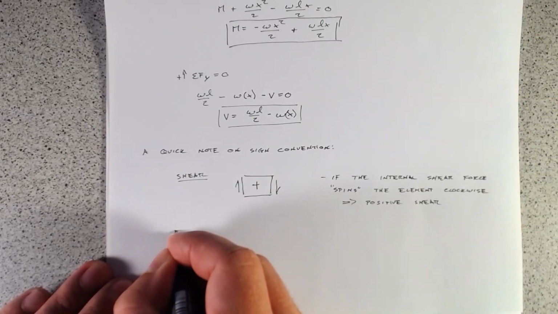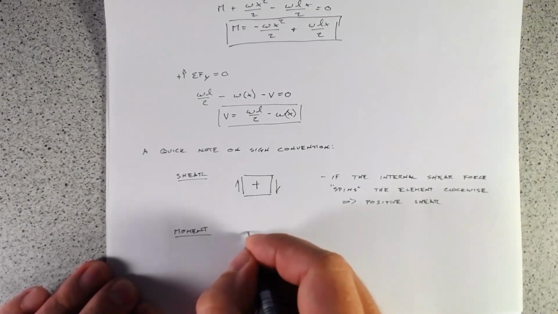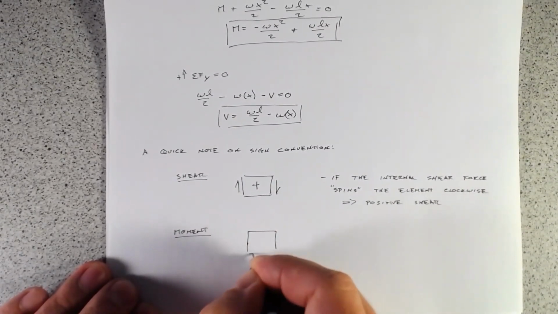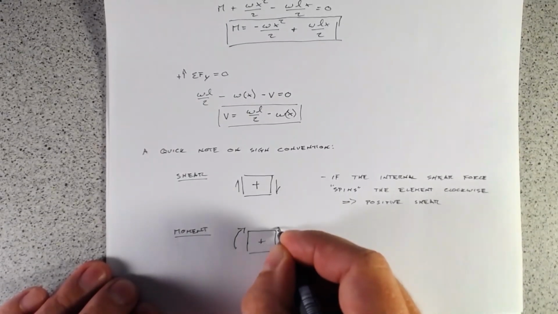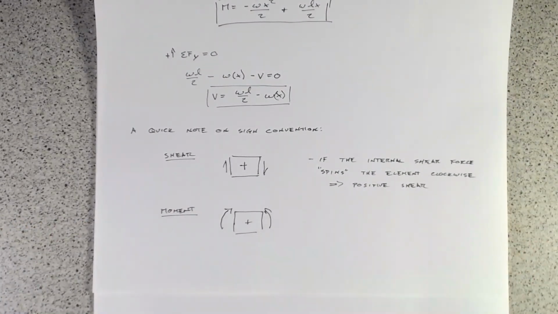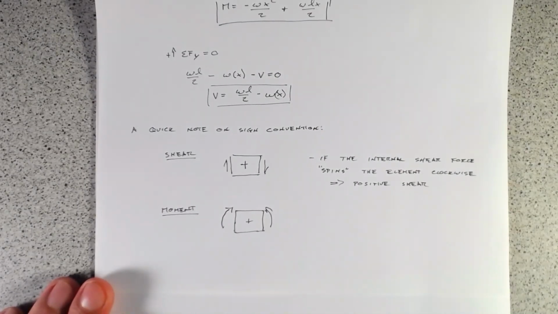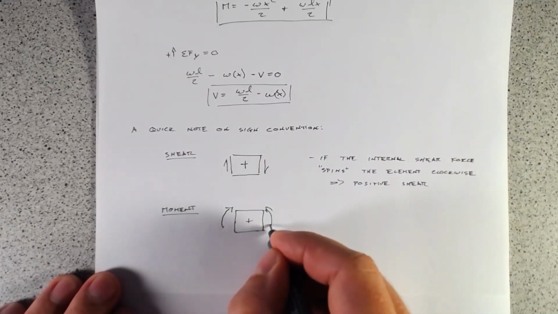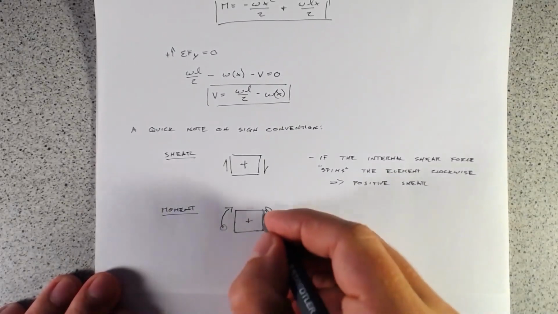And then for the moment diagram, if we have our little block here, this is where we're going to differ from maybe how you've learned shear and bending moment diagrams in the past. For structural engineering, we always plot the bending moment diagram on the tension side, which means we will plot it on the side where there is the tail on the bending moment arrows.